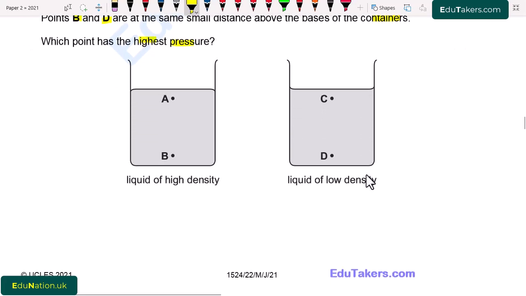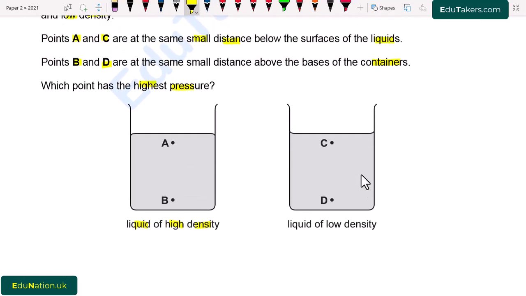It is given that the liquid of high density contains the two points A and B, while the liquid with low density contains the two points C and D. So at the points A, B, C, D, which point has the highest pressure? So this is basically point B, because point A is below the surface and its distance is very small.